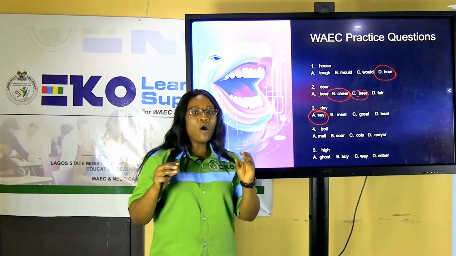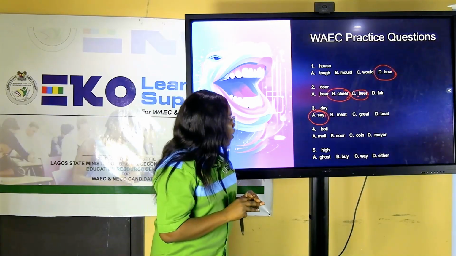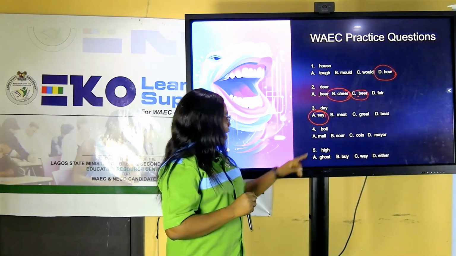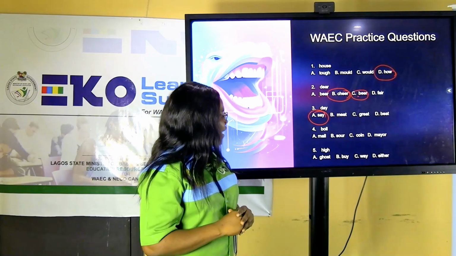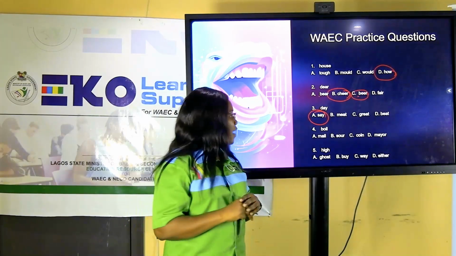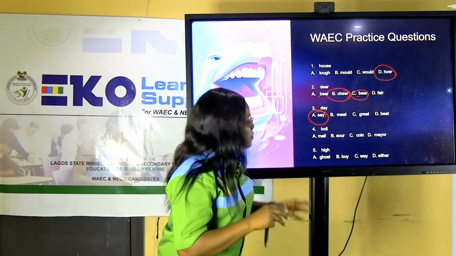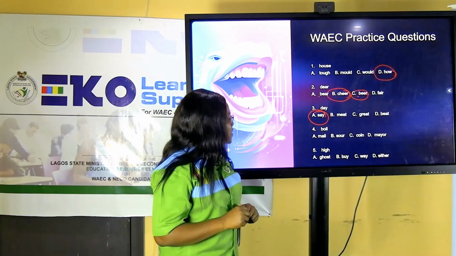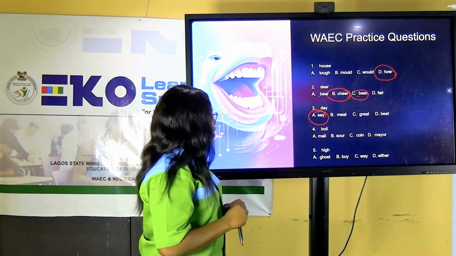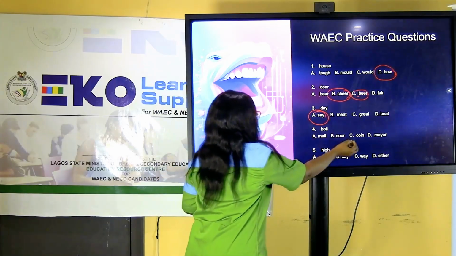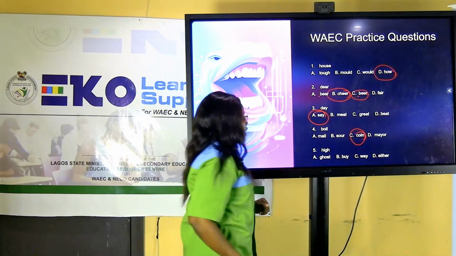So we have oi, oi. A, male, B, sa, C, coin, and D, mayo. What's our answer? Oi, boil, and coin. Good job.